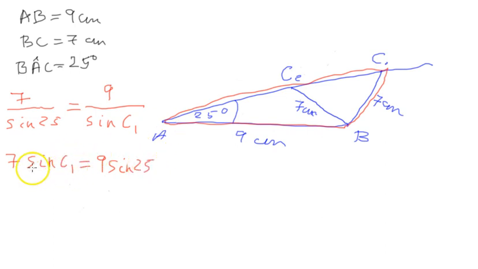To get C1 by itself, I will divide by 7. And to get C1, I will use sine inverse or sine minus 1.